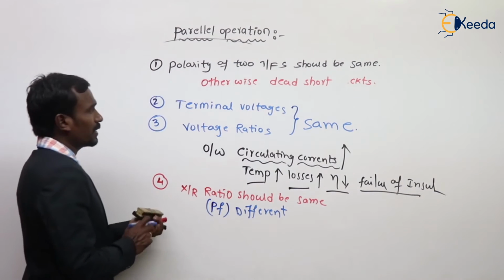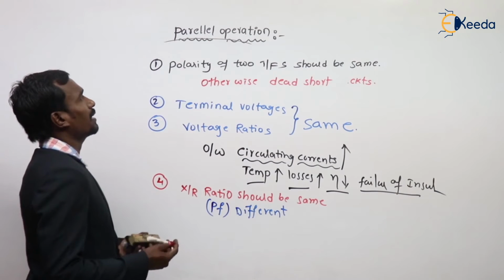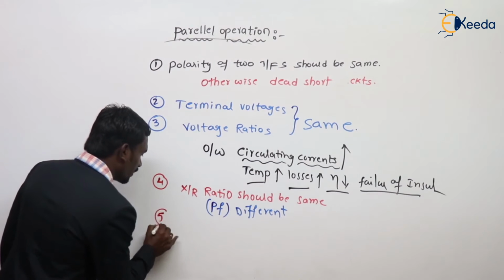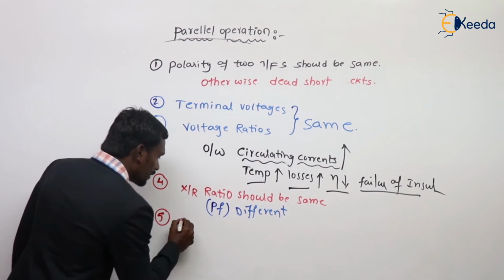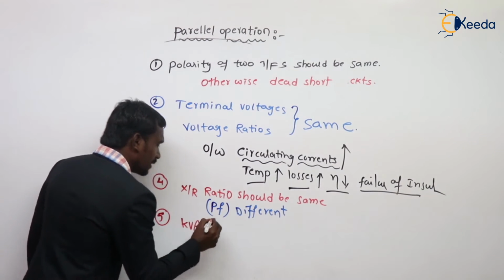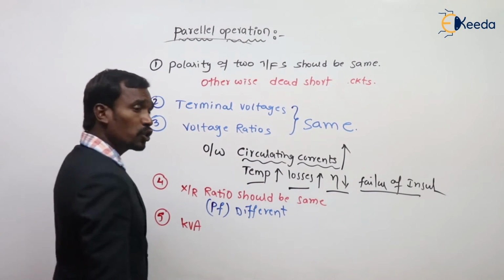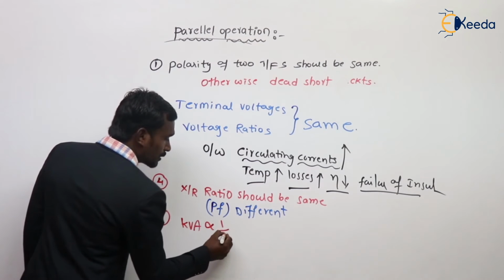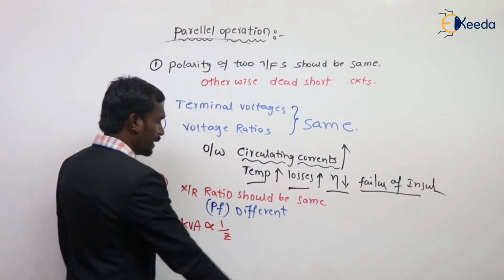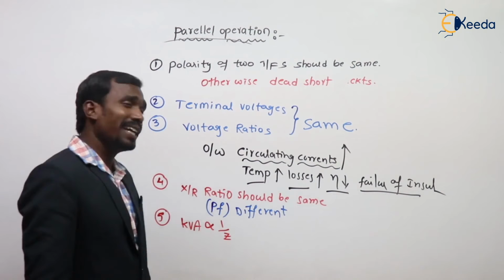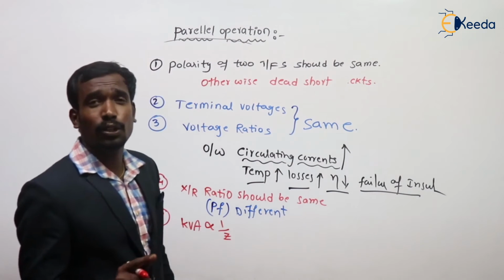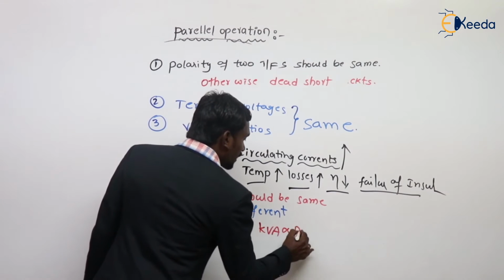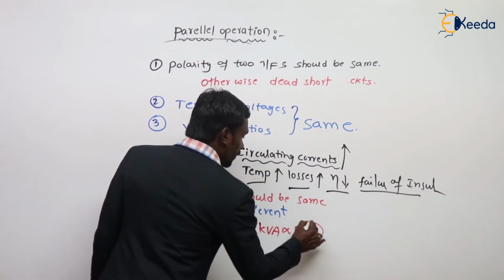And the last condition in parallel operation: the sharing load KVA should be inversely proportional to impedance, or the KVA is directly proportional to per unit impedance.